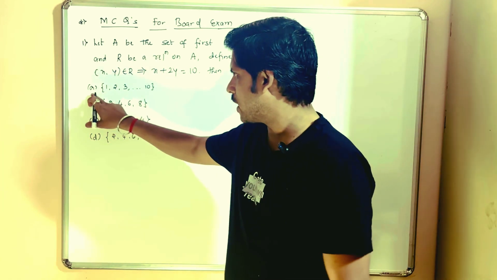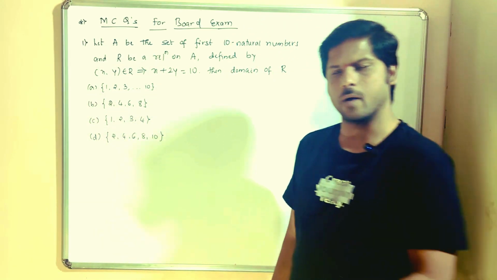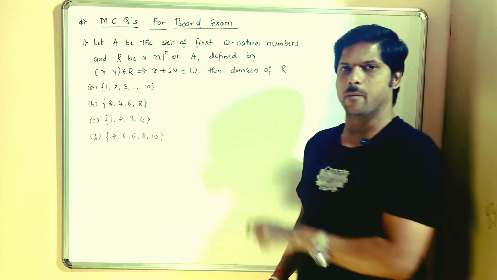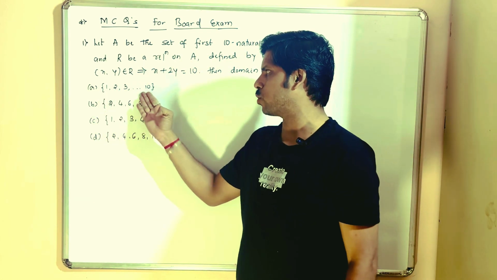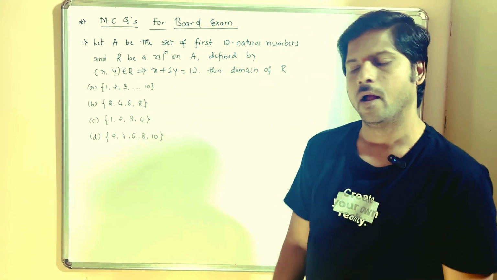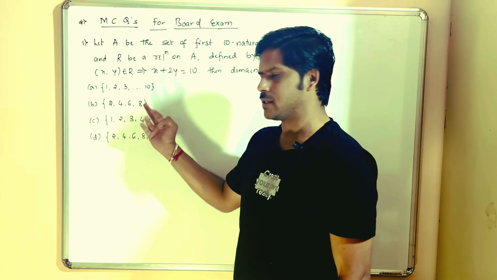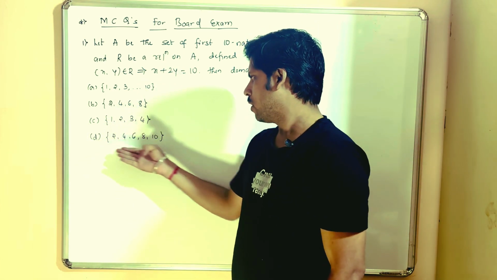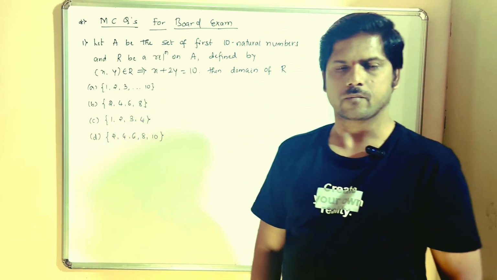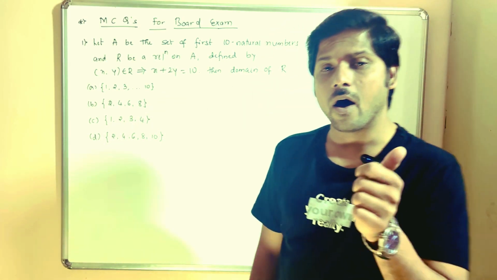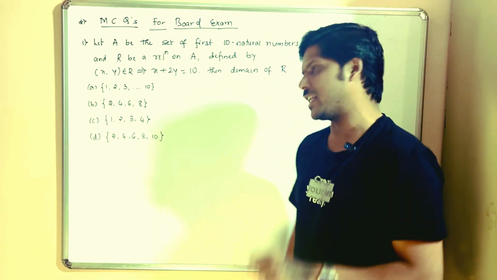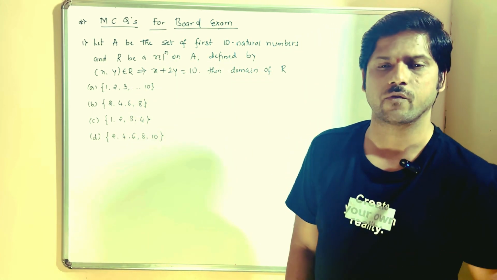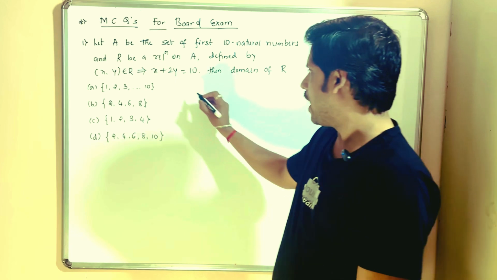Option A is 1 2 3 and so on up to 10, because the first 10 natural numbers are 1 2 3 up to 10. Option B 2 4 6 8. Option C 1 2 3 4, and D 2 4 6 8. First we have to construct the relation R which satisfies this relation. We have to create the ordered pairs of R.